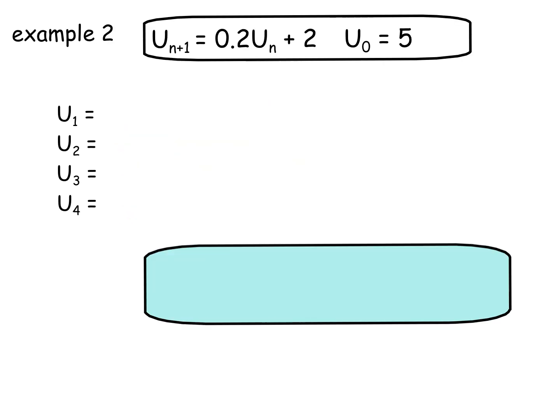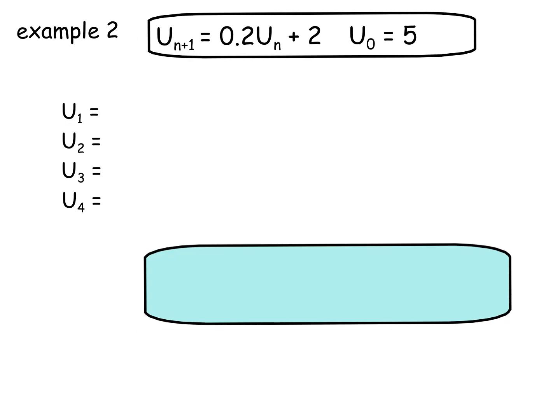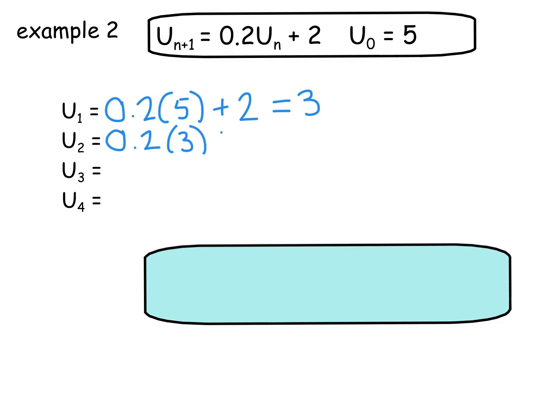This time I've got a 0.2 in front. So I do 0.2 times my initial value of 5, add on 2. That gives me 3. If I do the same again, 0.2 times 3, add on 2, gives me 2.6.